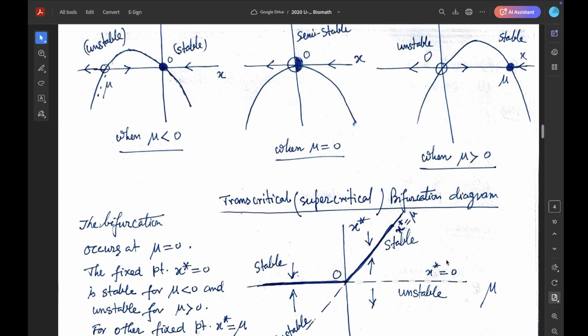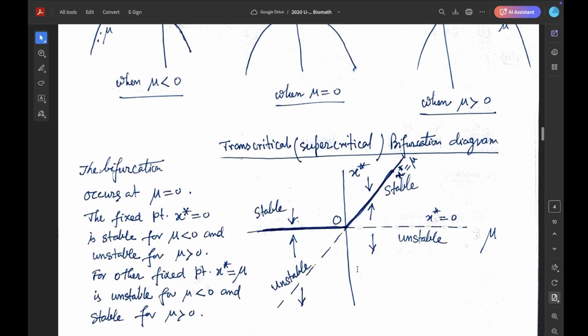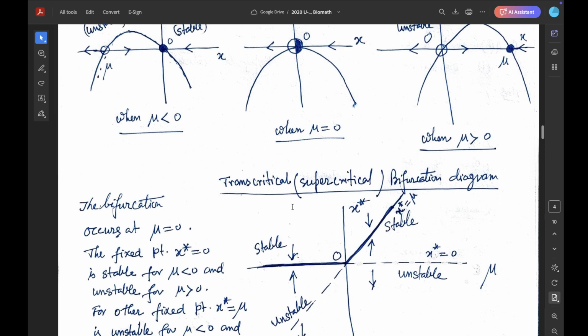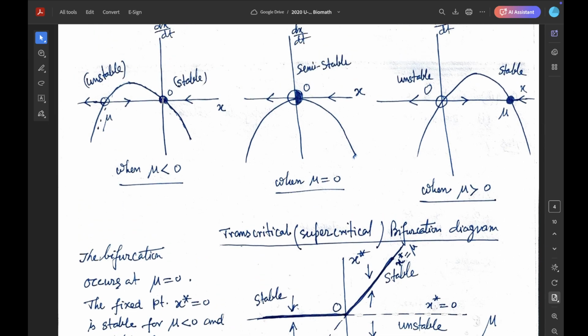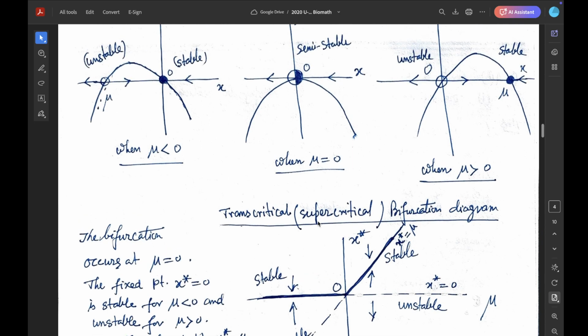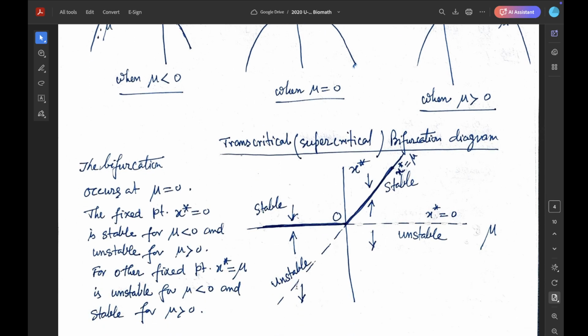And the transcritical bifurcation diagram for this: this axis is the mu axis and the vertical axis is x star. This bifurcation occurs at this point, mu equal to 0. When mu is negative, the origin is stable, so x star equal to 0 is stable, and x star equal to mu is unstable, so it is a dotted line.